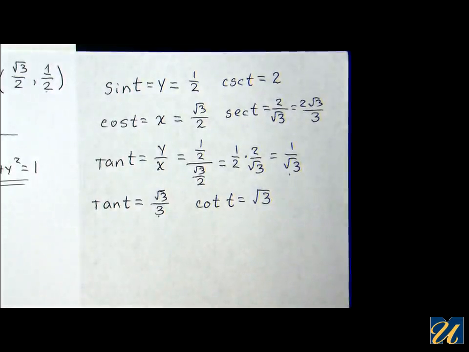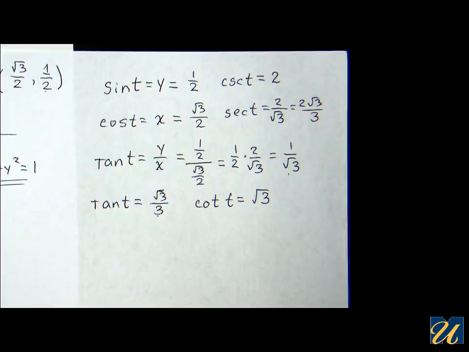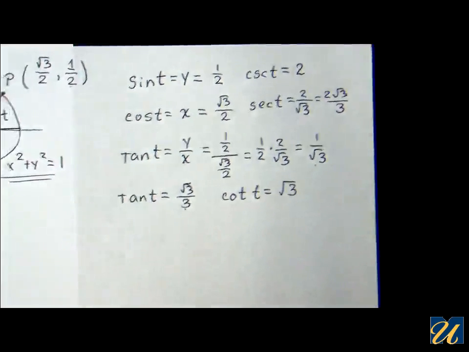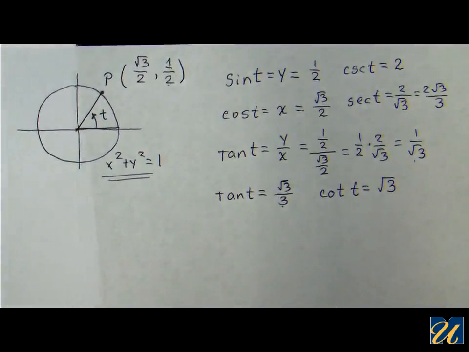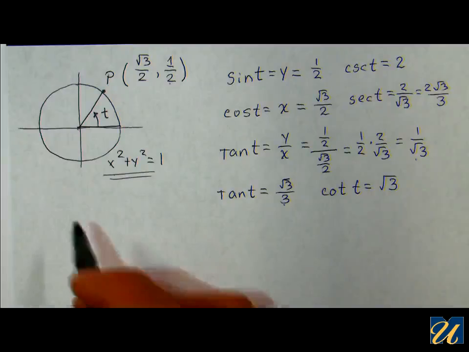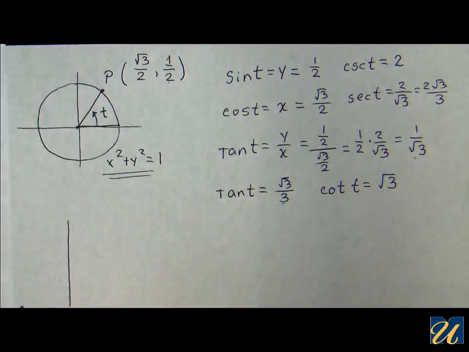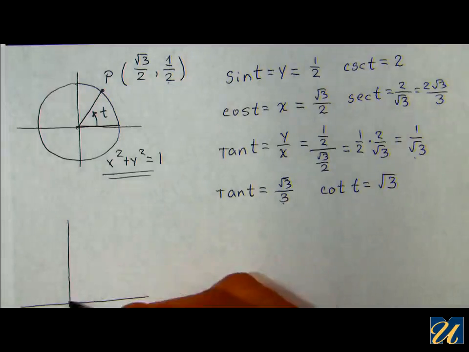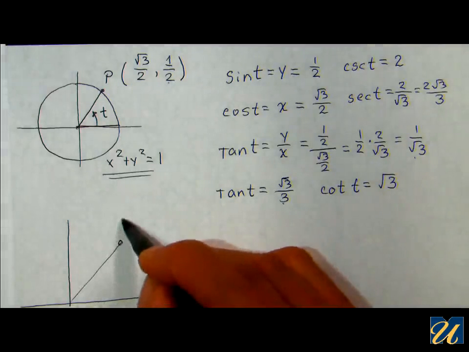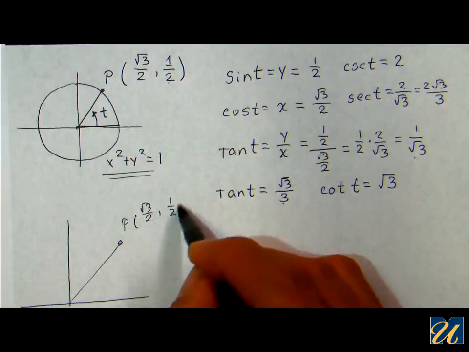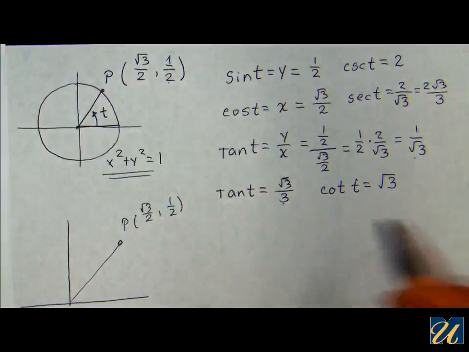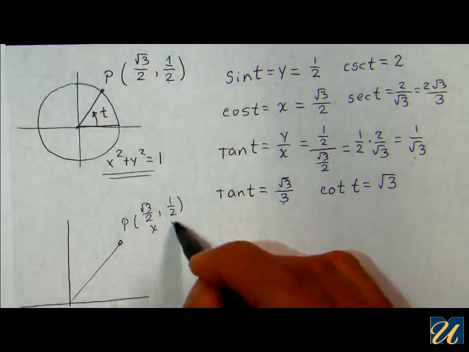Okay. Now, let me make a point here that I promised during the PowerPoint slide. How is this similar to the right triangle definitions? Okay. So here we are at P, which is root 3 over 2, 1/2. Yes, this is the x-coordinate, this is the y-coordinate.